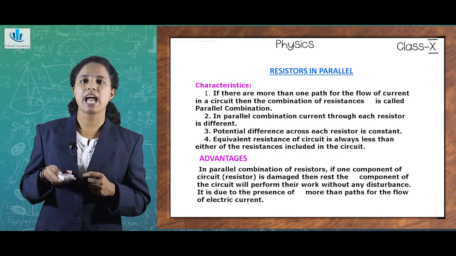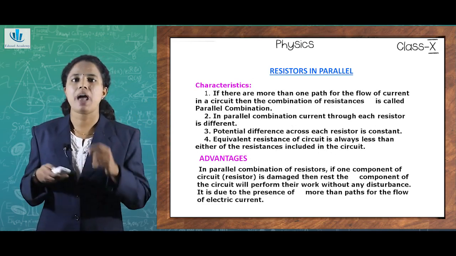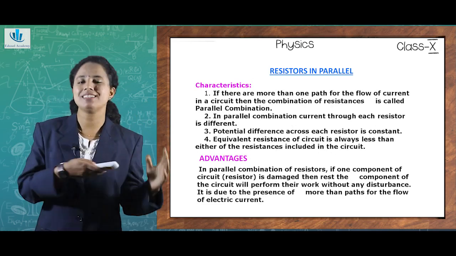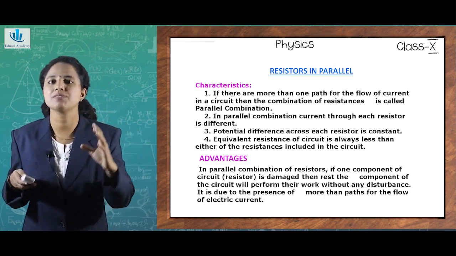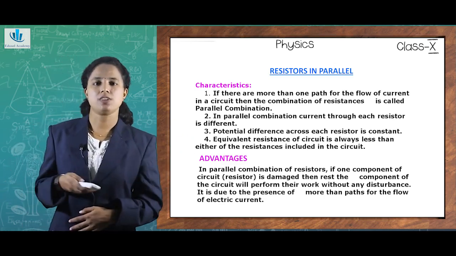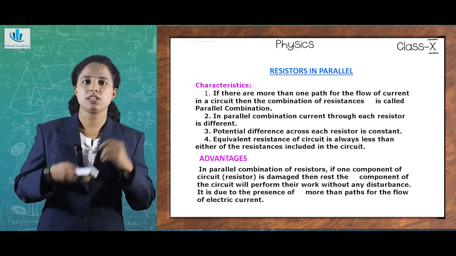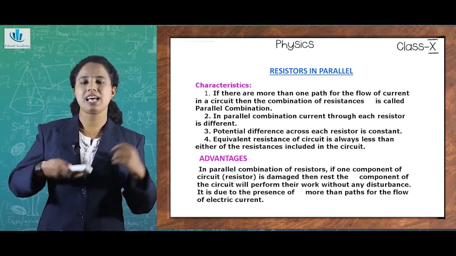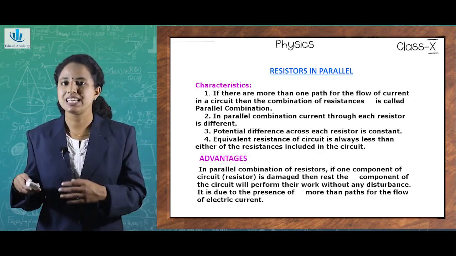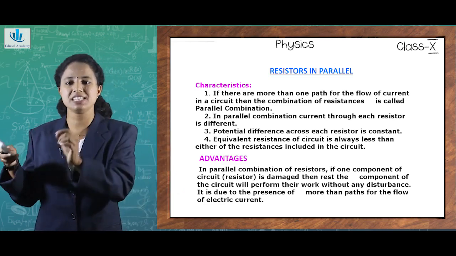So what are the different characteristics of resistors in parallel? As we have seen, in parallel combination, the current through each resistor is different. So what stays constant here? The potential difference across each resistor is constant. And if there is more than one path for the flow of current in a circuit, then the combination of resistances is called parallel. What was a series combination? If there is only one path for the flow of current, that is a series combination.